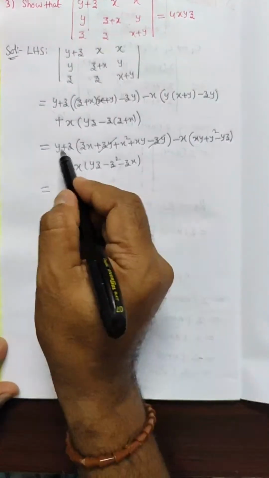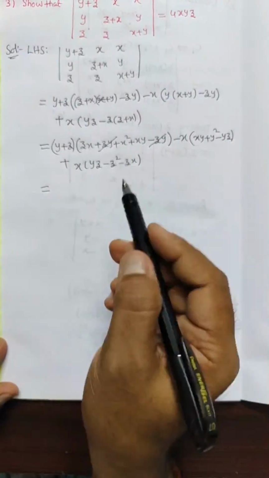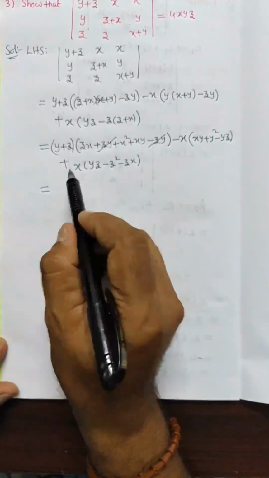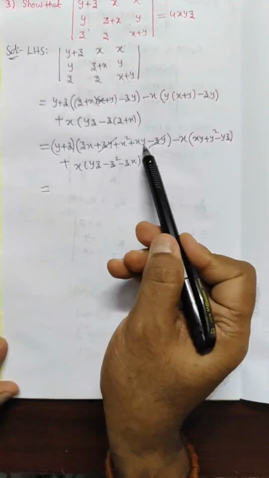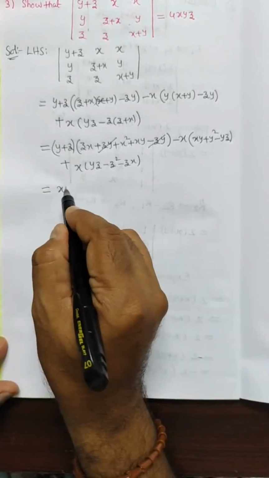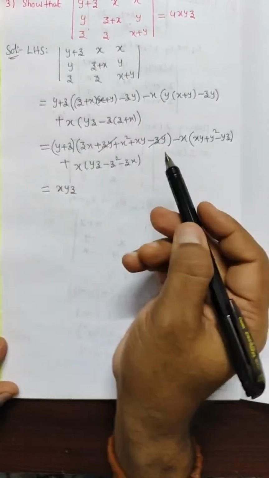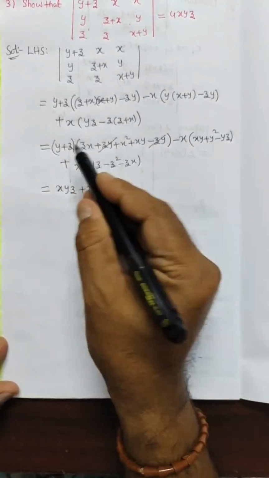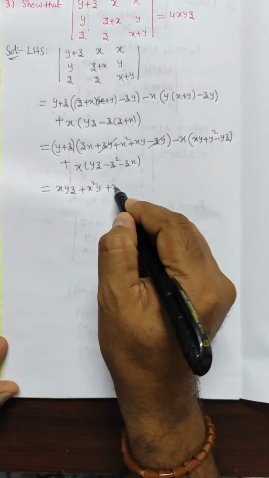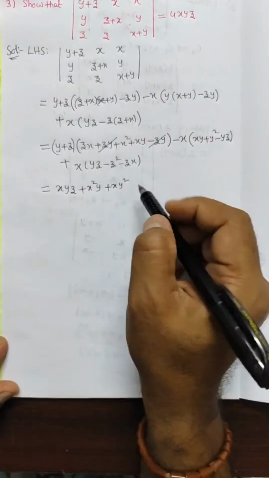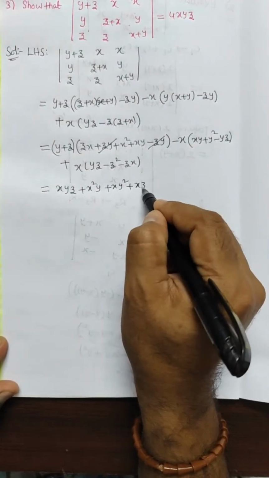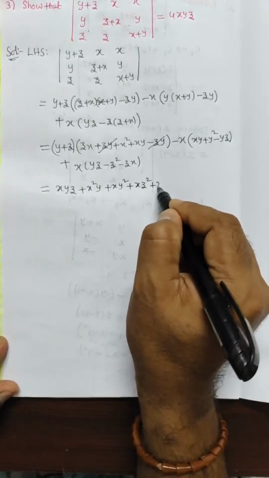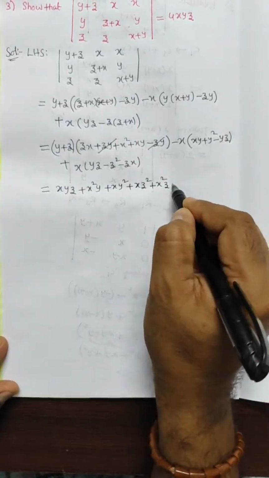So which is equal to, here y plus z is in a bracket, students. First multiply each and every term with y. So xyz completed. Next x square y completed. Next xy square is over. Next with z: xz square plus x square z.